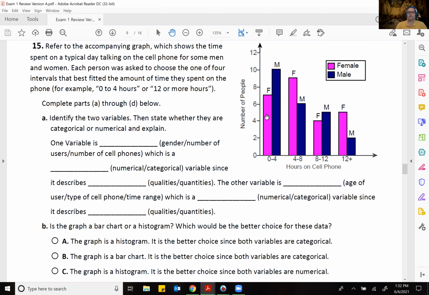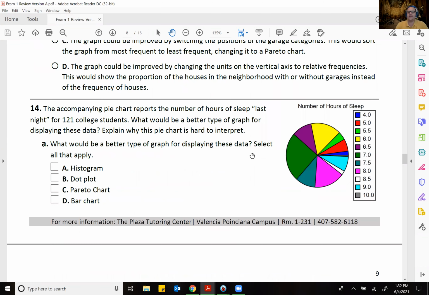So like up here, if I had ranges of hours of sleep, that would have been categorical. But in here, this is all numerical because you're telling me the exact number of hours you slept. Does that make sense? This is all numerical. This is categorical.